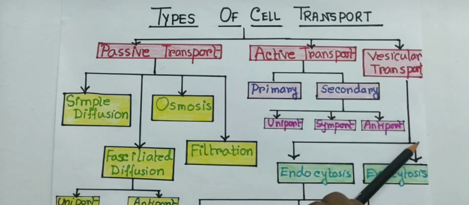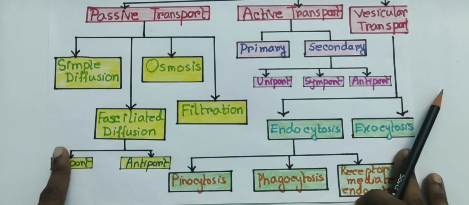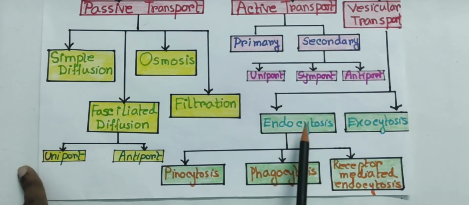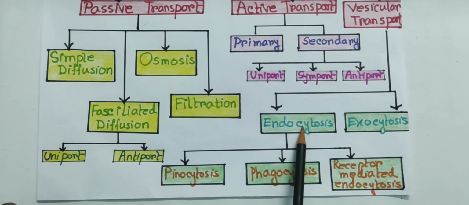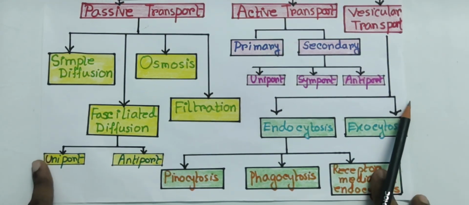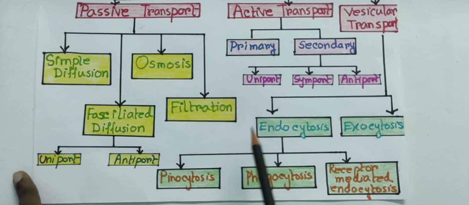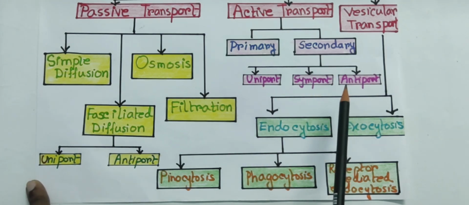Vesicular transport is divided into two parts: endocytosis and exocytosis. Further, endocytosis is divided into three: pinocytosis, phagocytosis and receptor mediated endocytosis. So these are all the different types of cell transport.